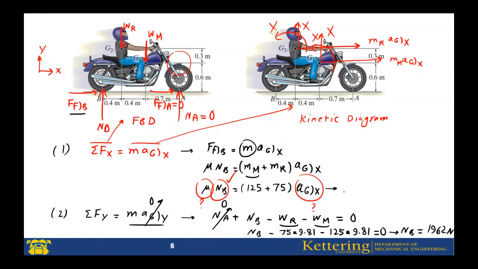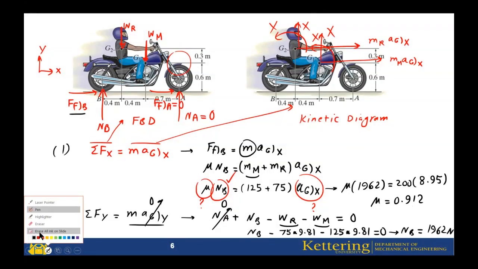From this, mu multiplied by 1962 equals 200 multiplied by 8.95. The coefficient of friction will be 0.912. This is the coefficient of friction and the answer we are looking for.